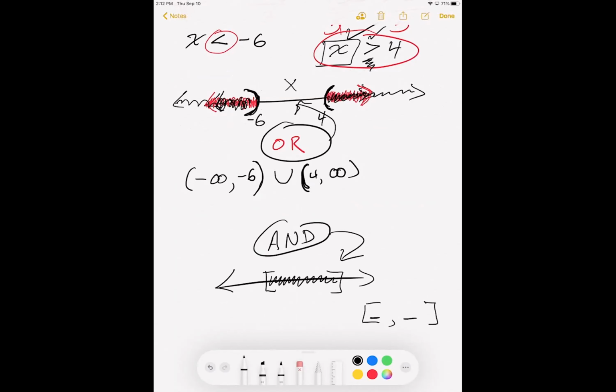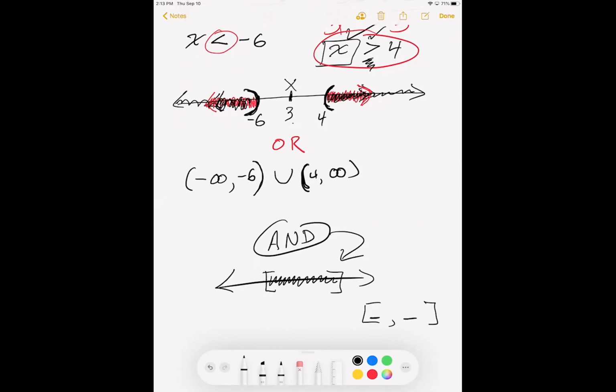But now when we deal with the OR, your OR graph will have some gap. This group of numbers in between -6 and 4, let's say the number 3: do you agree that 3 is not smaller than -6 and is not bigger than 4?